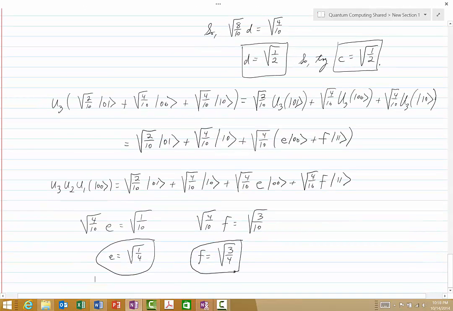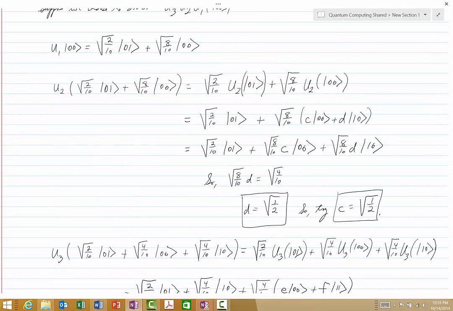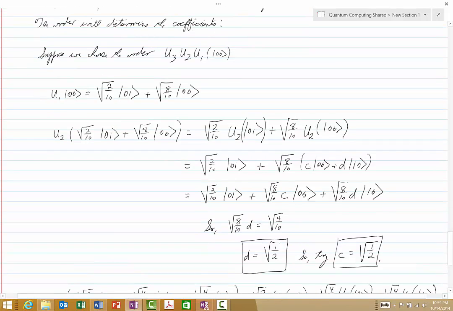And if you compare our values for E and F and C and D, and of course, here, square root of 2/10 is A. Excuse me. Notice we've written these two states in reverse of the usual order.